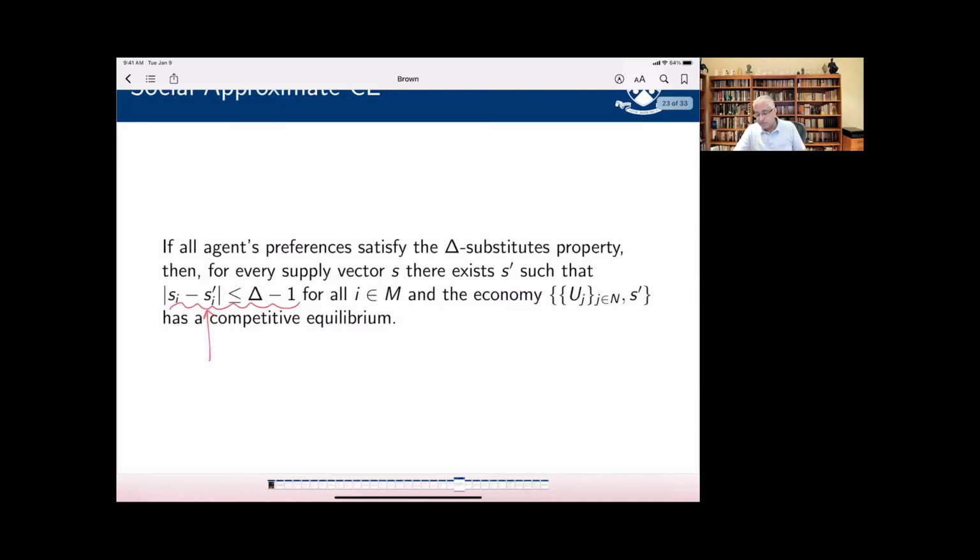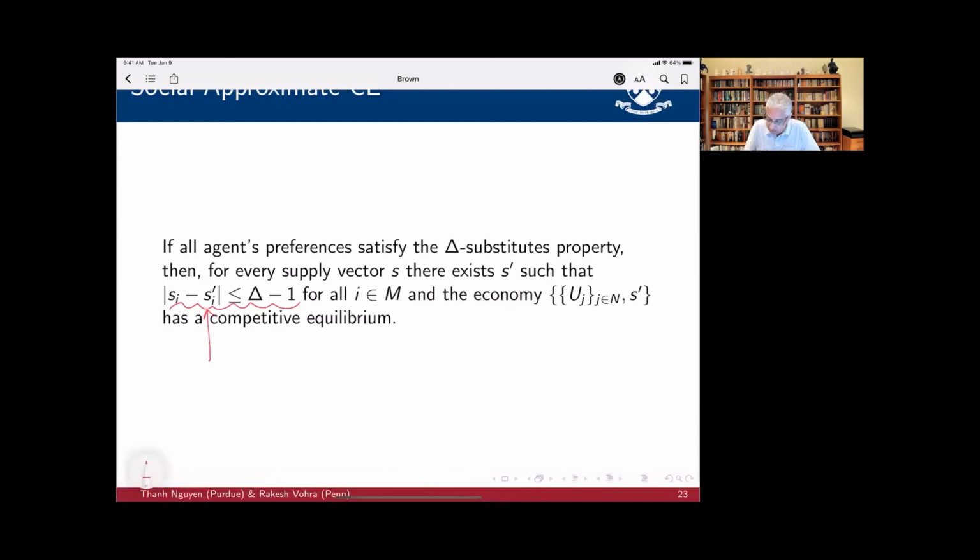So Eric's paper extends that to a setting where agents are interested in consuming bundles of goods. And for that setting, he also develops a social approximate equilibrium. And in this language, his social approximate equilibrium can be thought of as providing the following guarantee. He will give you a competitive equilibrium allocation in a nearby economy by perturbing the supplies.